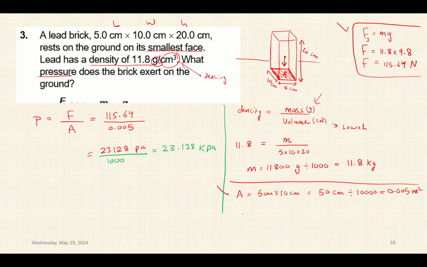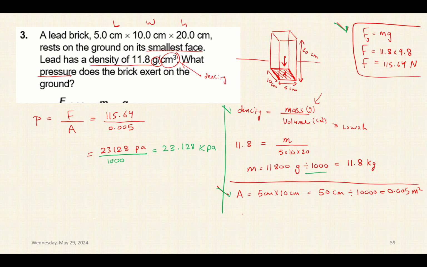So this question is a multiple process question. Here you need to find the mass first using the density equation. Then find the mass in kilograms by dividing over 1,000. Then use the Fg equals mg equation to find the force applied on the area.